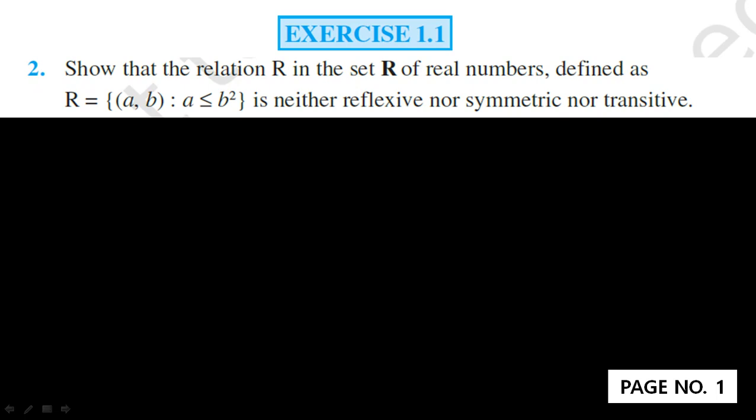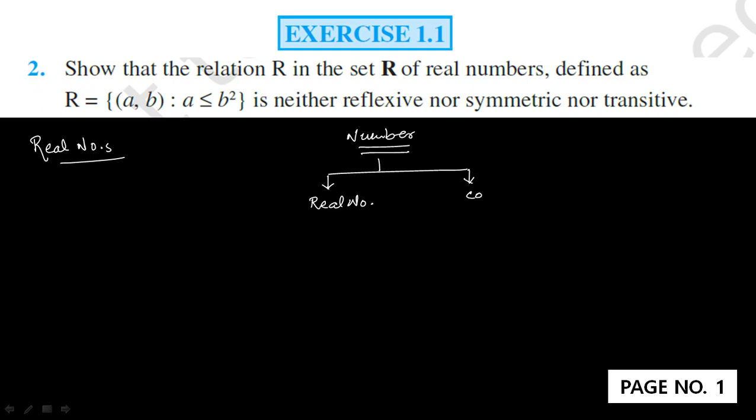First of all, what is the meaning of real numbers? The number category is divided into two major parts. First one is real numbers and second one is complex numbers.